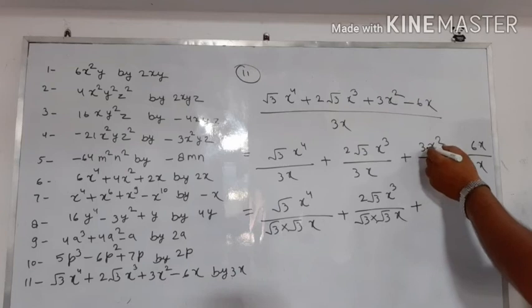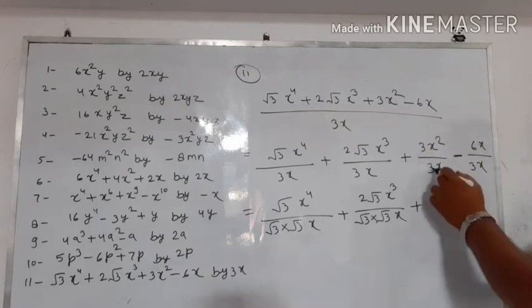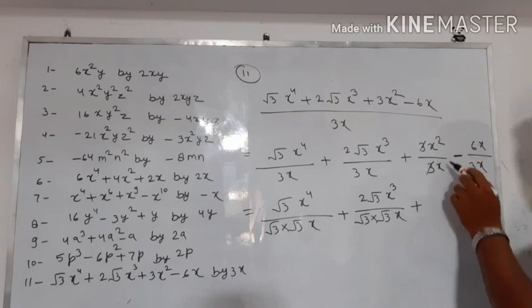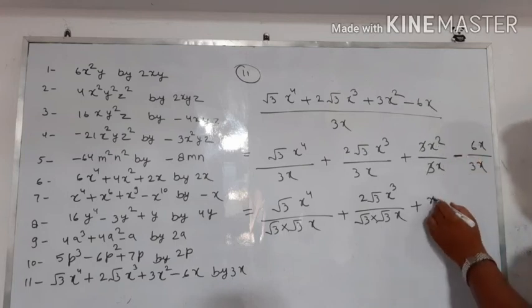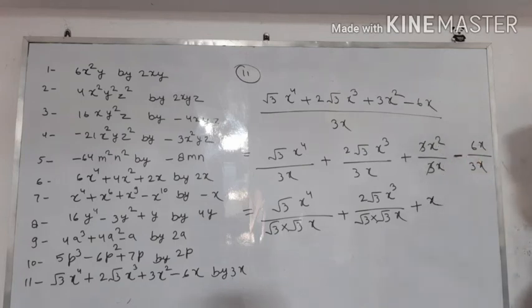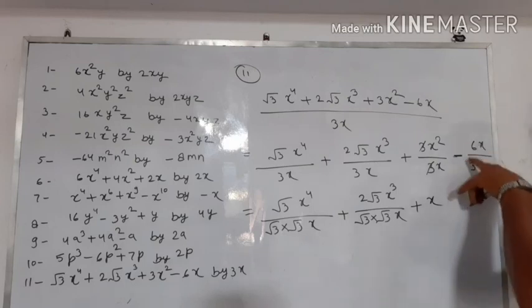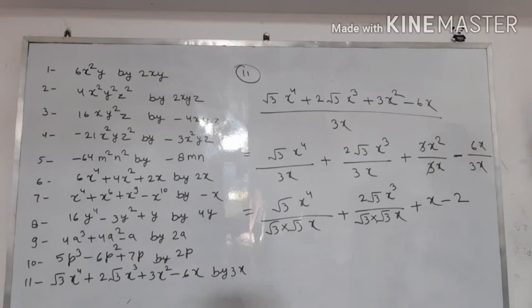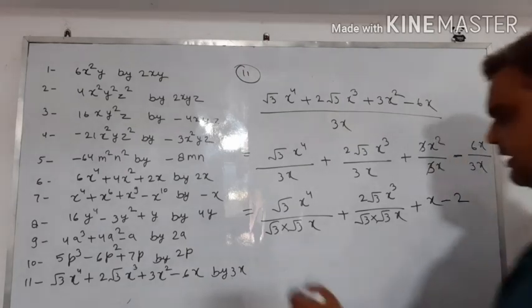Plus, see here 3 will be cancelled, and x square when divided by x we will have only x, and same here 6 is divided by 3 and 2 will come and x gets cancelled.